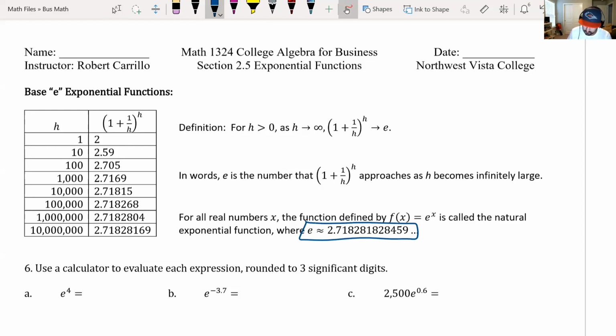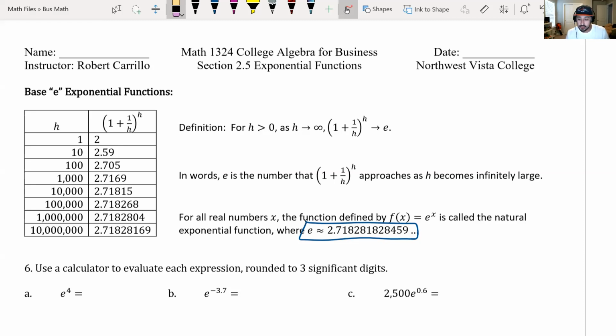It's kind of like pi. Pi is 3.14 and so on, right? So E is an irrational number just like pi.